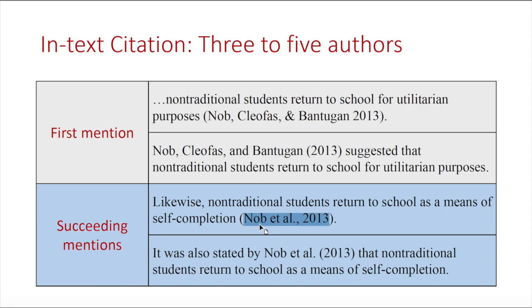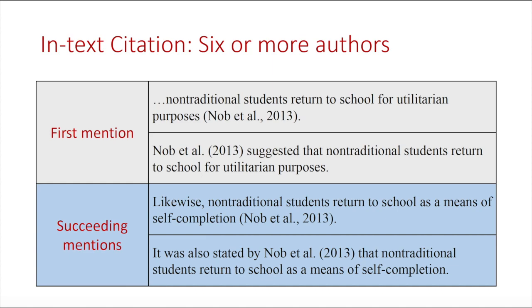But the proper way to do it is to mention all of the authors the first time that you mention it, and for the succeeding occasions, use this particular format. And finally, if you have 6 or more authors, then even for the first mention, you use this instead of mentioning all of the authors, and that goes for the rest of your citations.